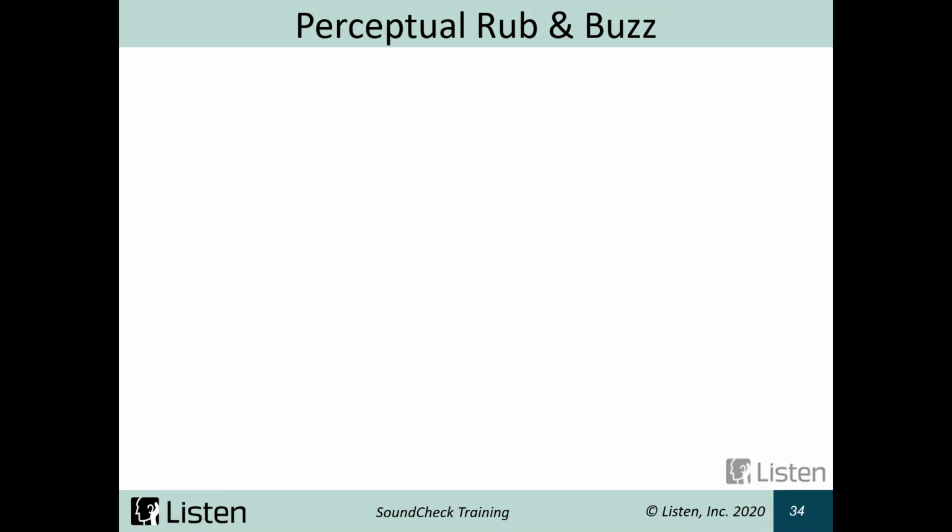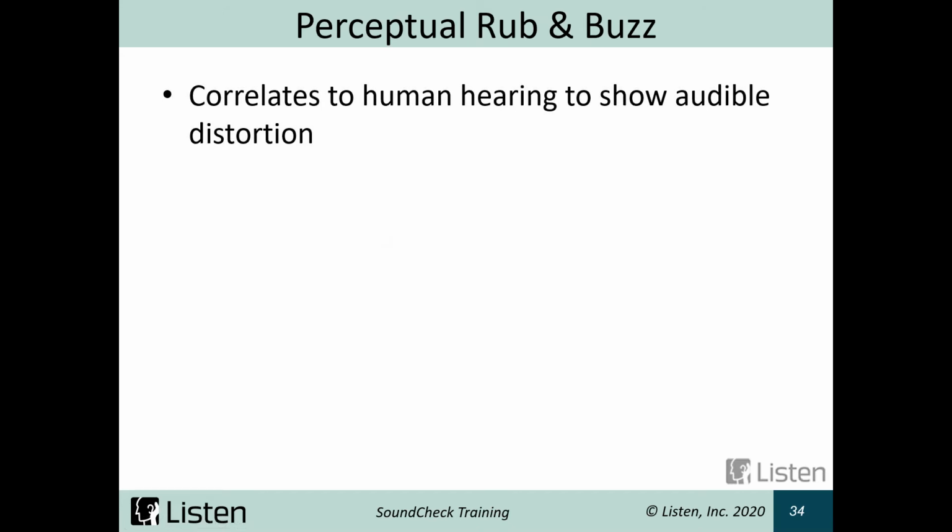And in that vein, instead of just rub and buzz, we offer the option to output perceptual rub and buzz. This will correlate to human hearing to show audible distortion.